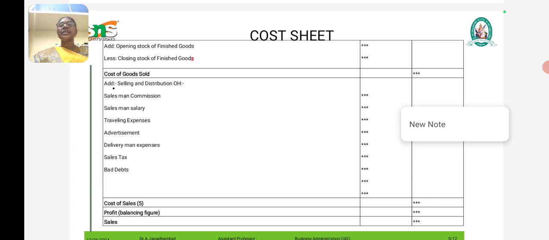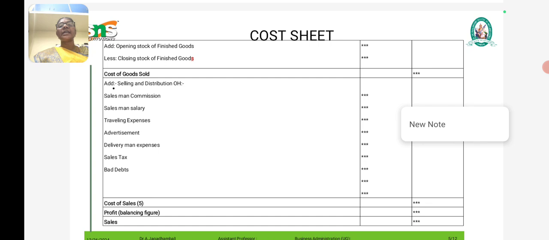What are the selling and distribution overheads? Salesman commission, salesman salary, traveling expenses, advertisement of the company's product, delivery man expenses, sales tax, and also importantly bad debts. These are all included in selling and distribution.